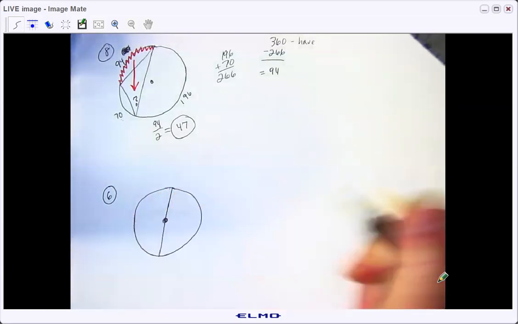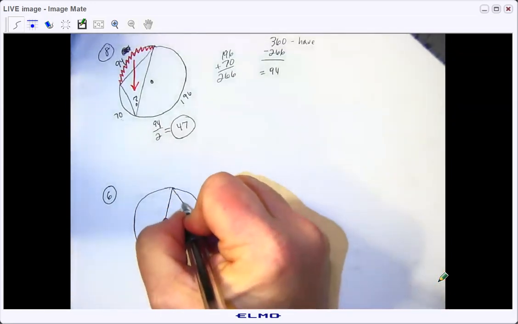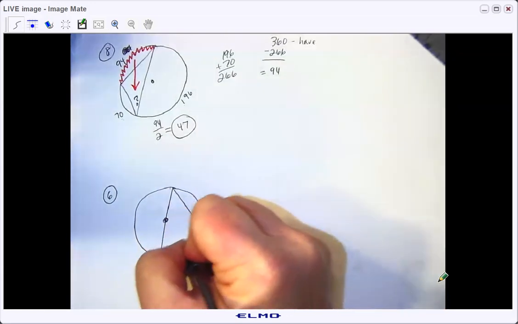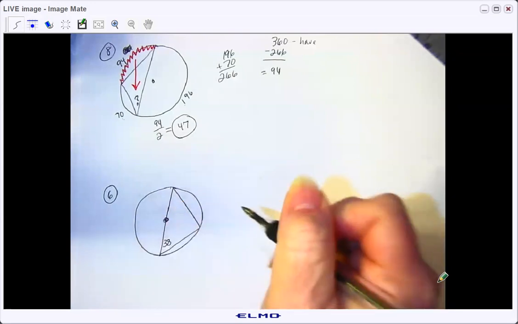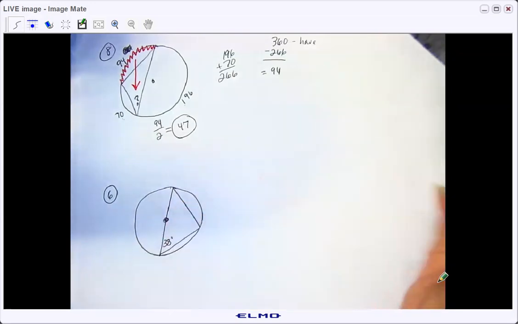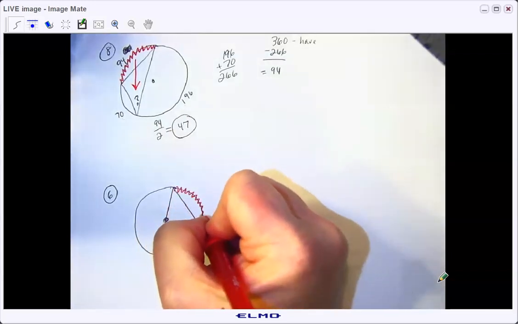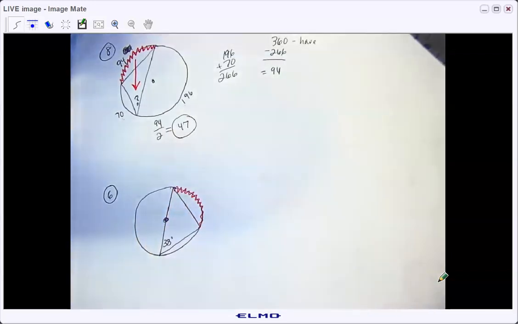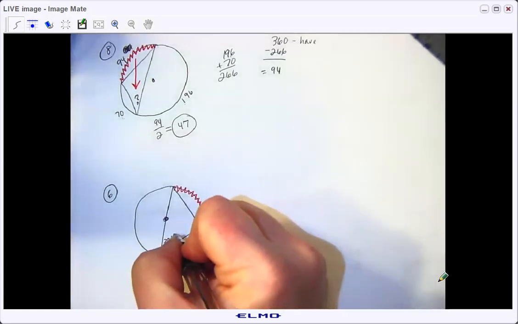We know that it's a diameter because it goes through the center. And then it has a triangle. And they tell us that this angle is 38. And they want the arc over here. Okay, so this is actually a pretty easy problem because it's just here's my angle, there's my arc.